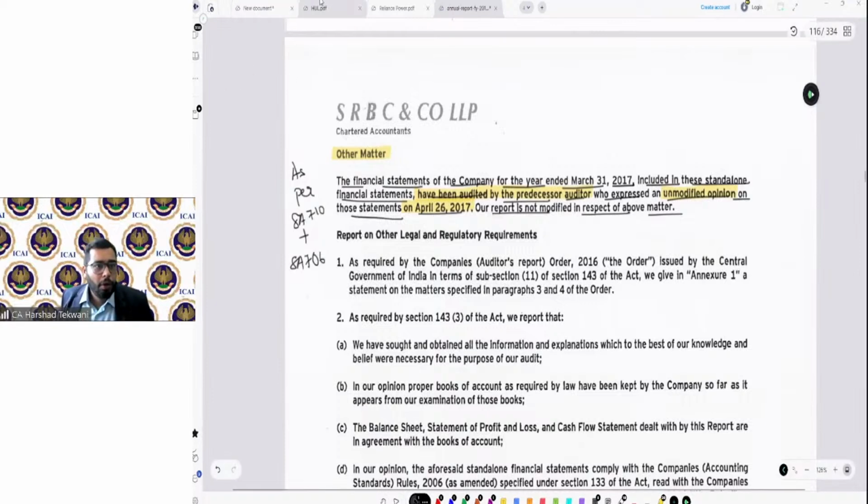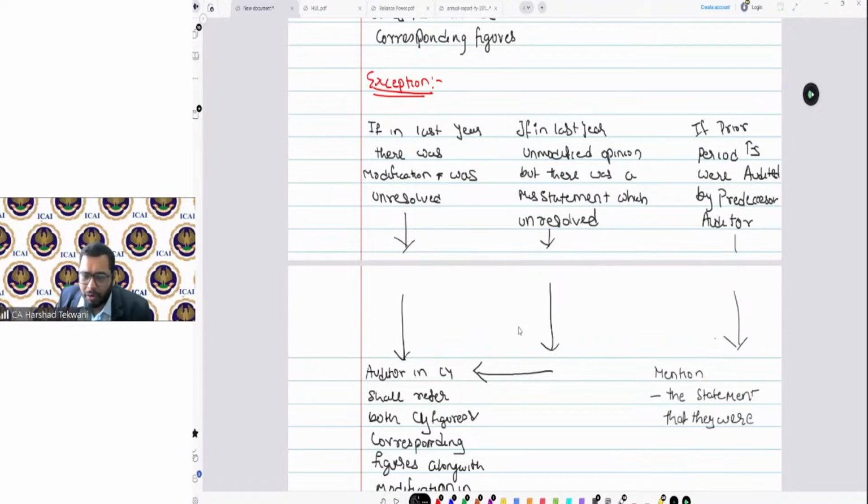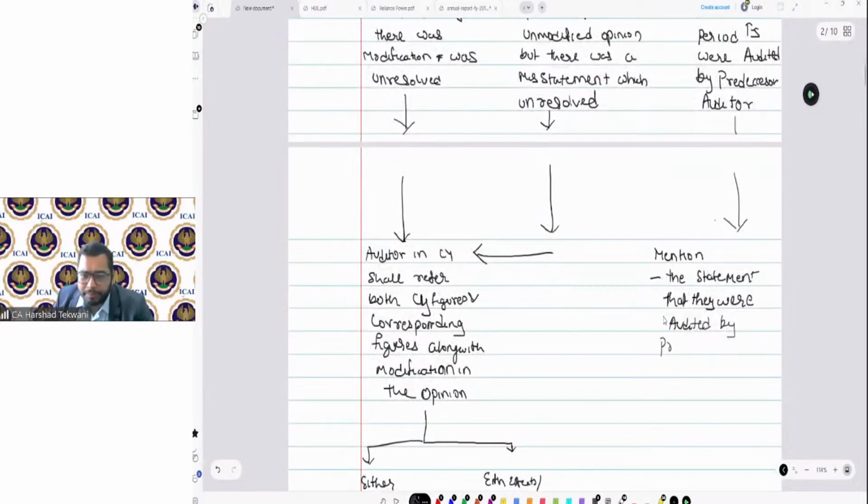Going back to my notes. If the prior period financial statements were audited by a predecessor auditor, mention three things. One, the statement that they were audited by the predecessor auditor. Number two, the type of opinion issued.